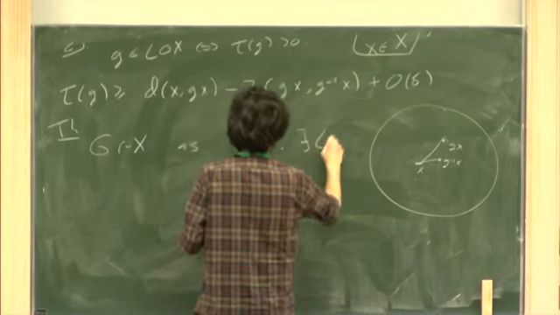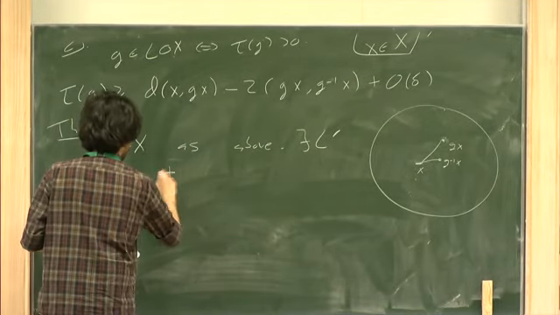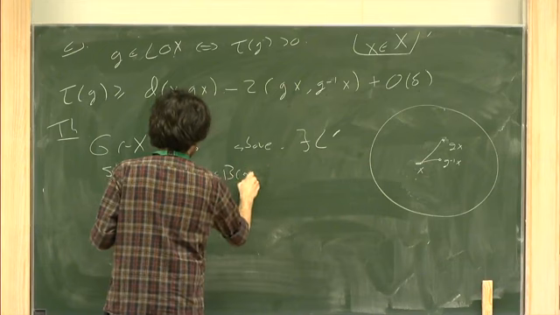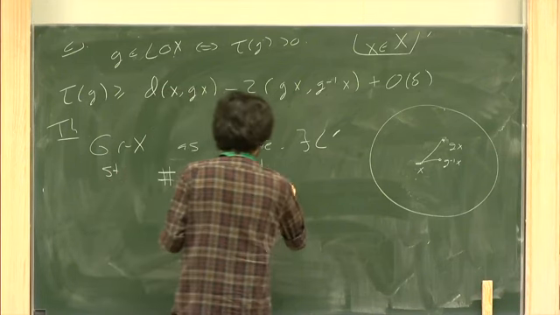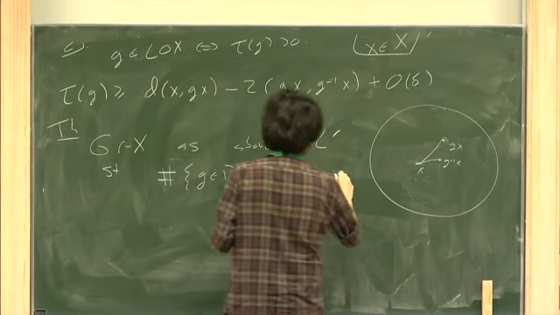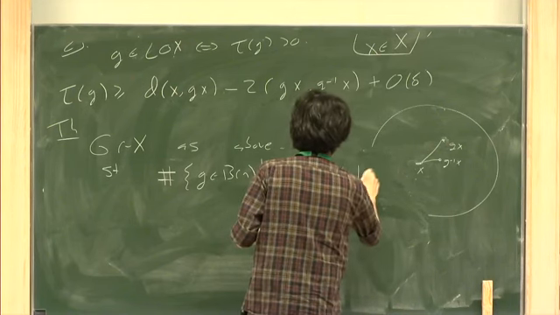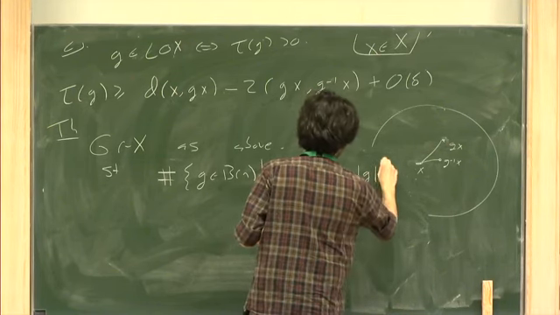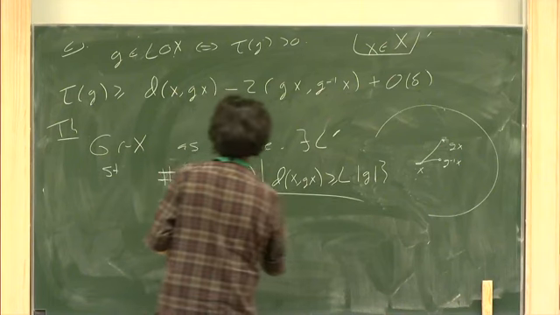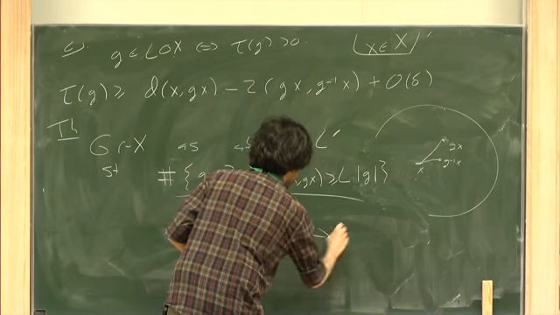Then there exists an L prime such that if I look at the proportion of elements in the ball of radius n such that the distance from x to gx is at least L times the word length of G, divided by the number of elements in the ball of radius n, this goes to 1.